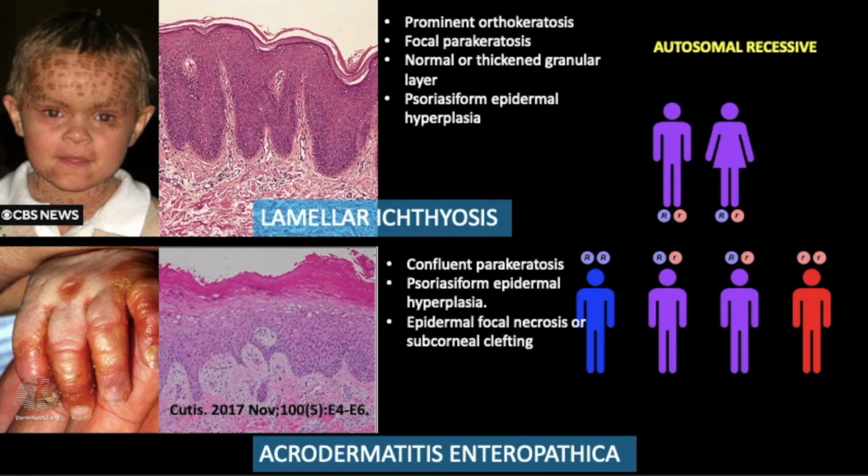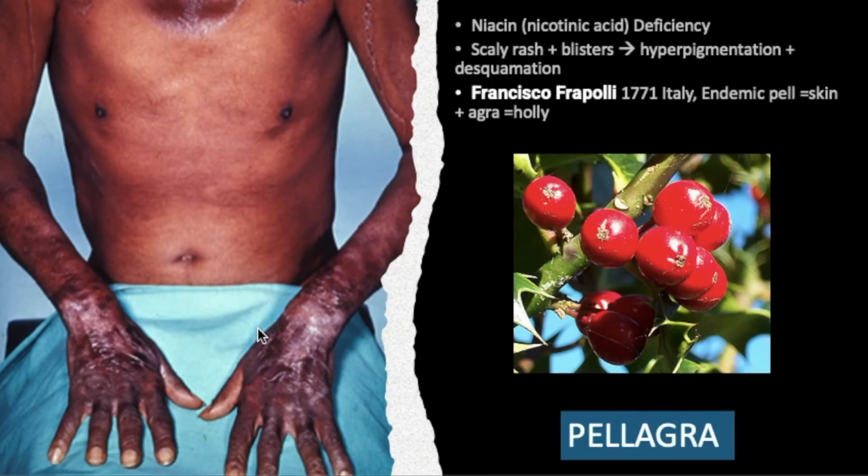It is not clear in this picture, but in the book or if you go online to see some features, it is very clear that in this lesion, and probably you can expect from the clinical picture, that you will see the subcorneal clefting. Finally, we have pellagra, and we all know this is a niacin deficiency where you see a scaly rash and blisters with hyperpigmentation and desquamation.